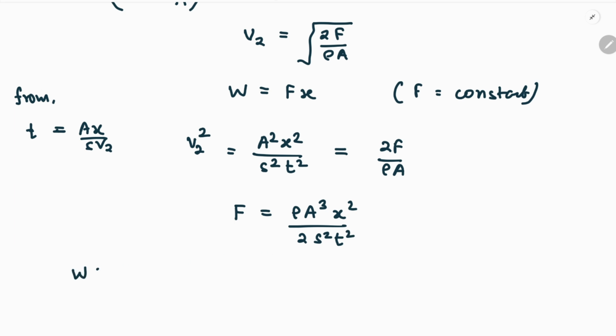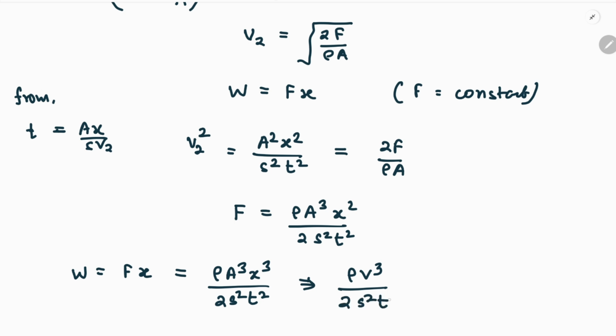Now since work done is equal to force into displacement, we write it as rho A cube X cube by 2 S square T square. A cube X cube is equal to volume, so it is V cube by twice of S square T square. So this is the final answer for this particular problem. This was problem number 1.322 and the sixth problem in this series.